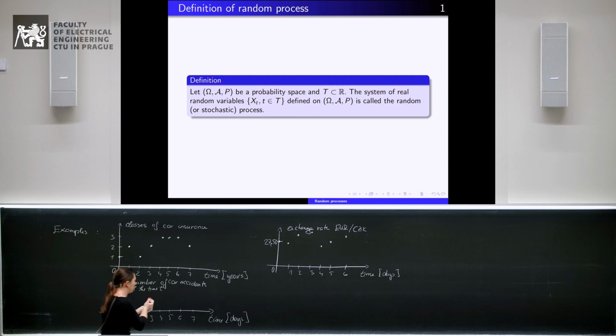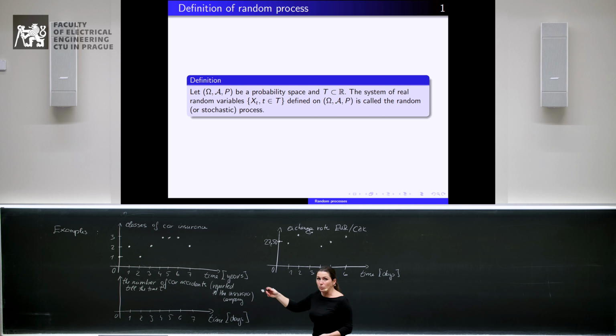The car accidents, let's say, reported to the insurance company, which follows this number of accidents.